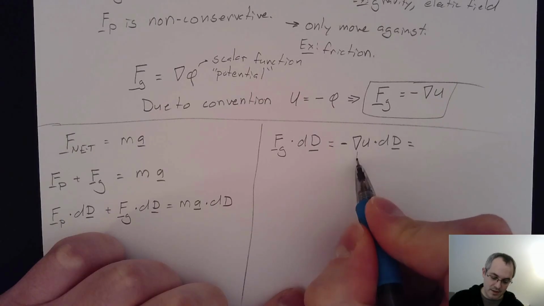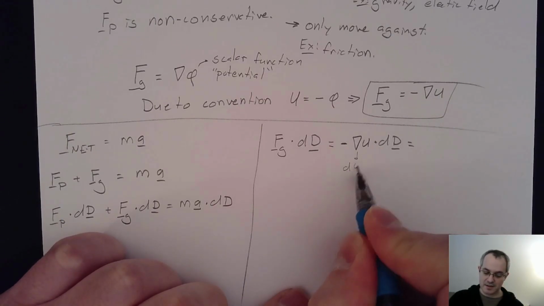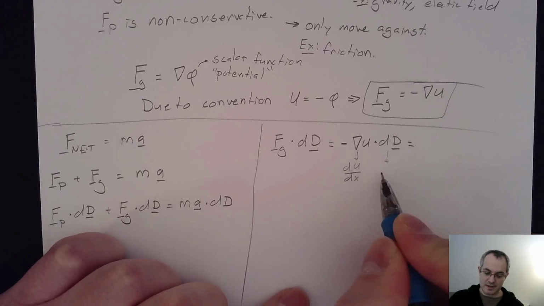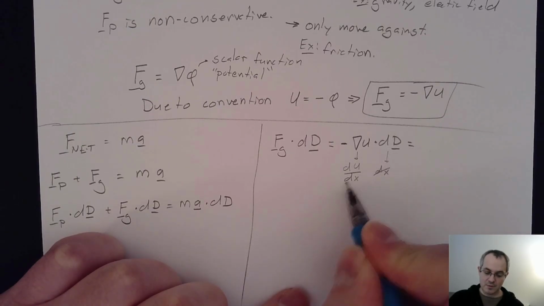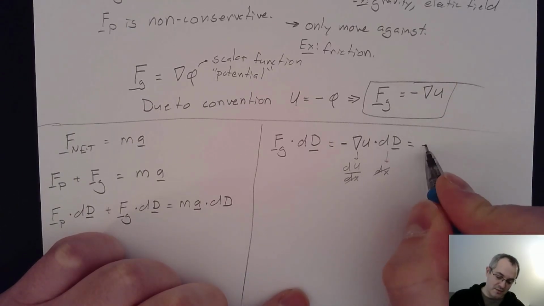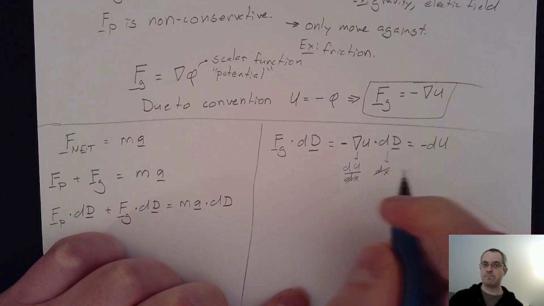So that means we can kind of pretend that this is like a dU by dx situation, and this thing is kind of like a dx, so that those would cancel out, and all we would be left with is minus dU.